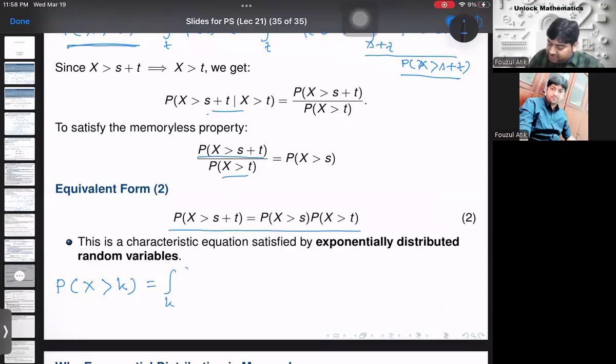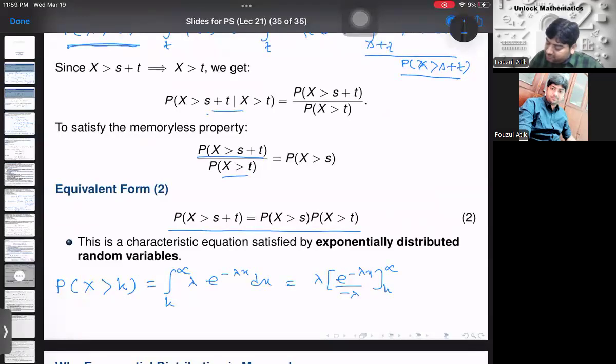P(X > k) is the integral from k to infinity of fx dx. Now what is fx? The density function we know: lambda times e to the power minus lambda x dx. Now if you calculate, it will be lambda times e to the power minus lambda x divided by minus lambda, between k and infinity.